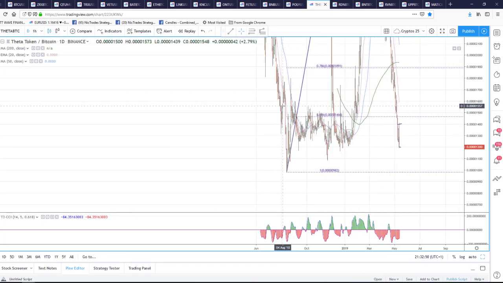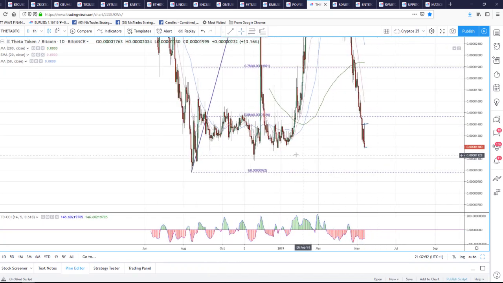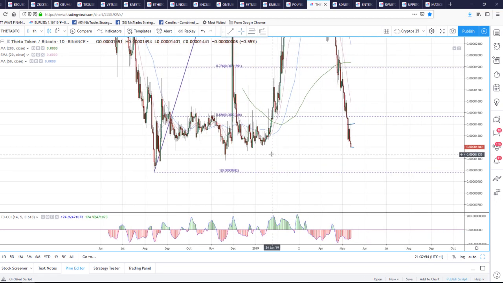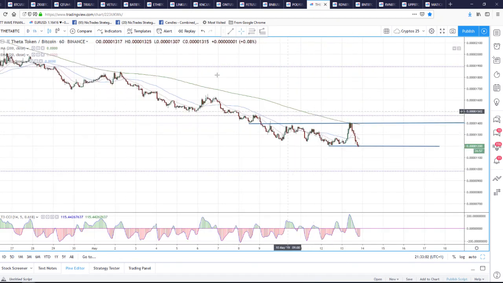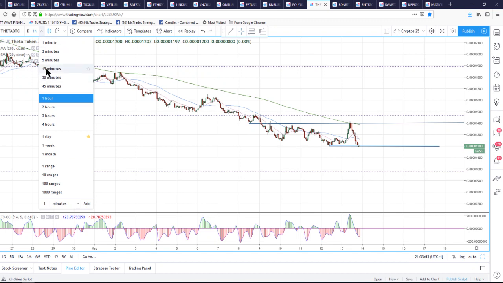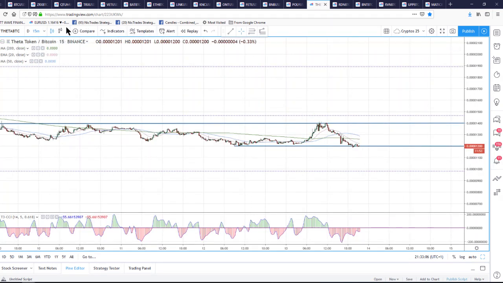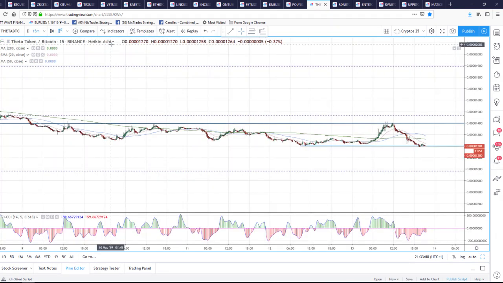If we look in terms of horizontal support, there's quite a lot around here. So lots of reasons why we might hold on, just can't quite see it yet. So in Theta Bitcoin, no reason to buy it.